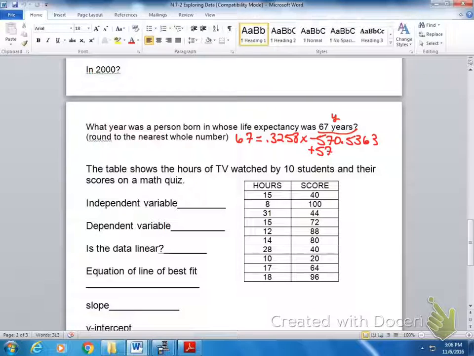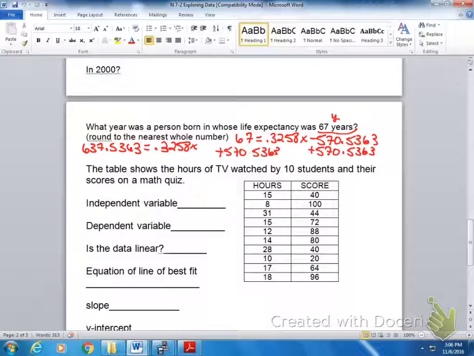First I'm going to add that number to both sides. We did not give you much room here. I'm running out already. Once I did that, 67 plus 570.5363 gave me 637.5363. And that's going to equal the 0.3258x.